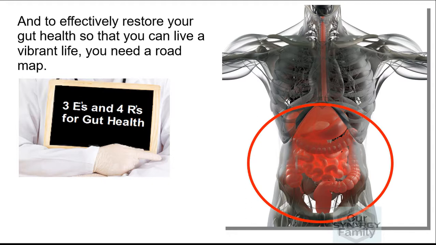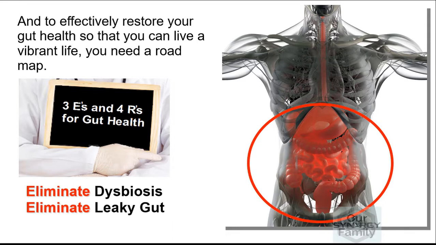Your roadmap for improving gut health always starts with the 3 E's. Eliminate dysbiosis, eliminate leaky gut, eliminate inflammation. It's these 3 conditions that you have to address. If you address them properly, then you'll experience a tremendous shift in your overall health.